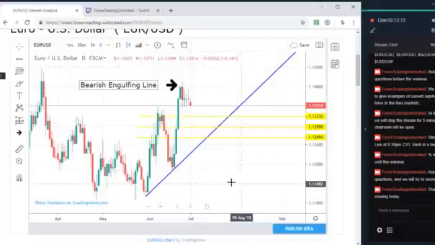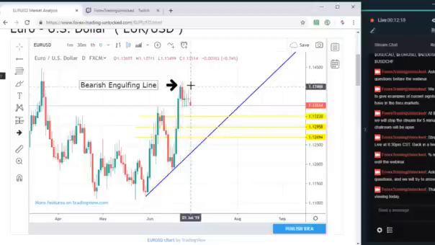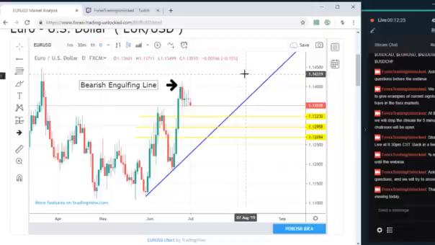Okay, so that being said, we have the Euro US dollar, we have this bearish engulfing line, and there are multiple reasons for getting target levels. There are all kinds of algorithmic traders out there right now. The machines are definitely dominating the trading industry.